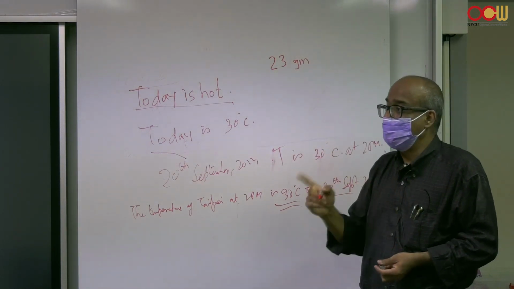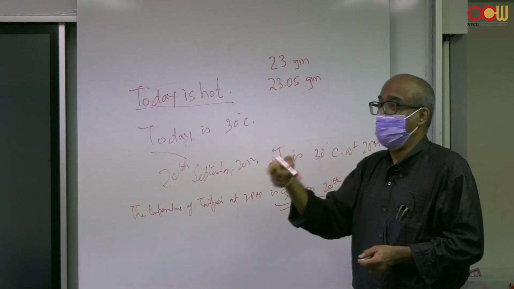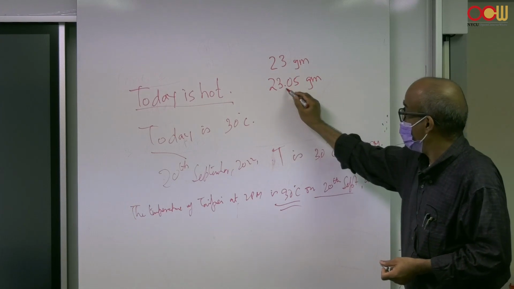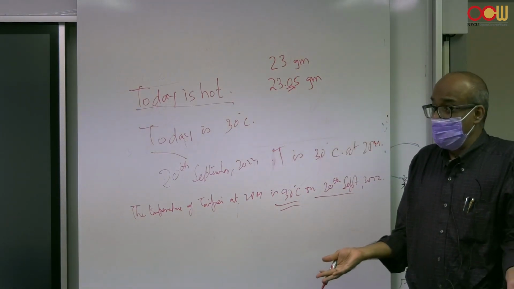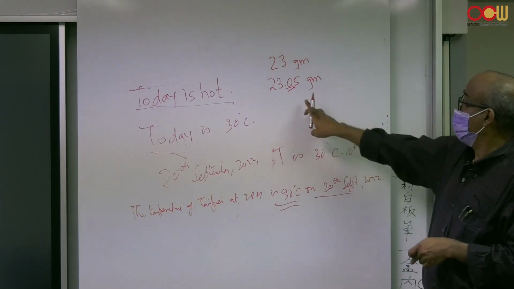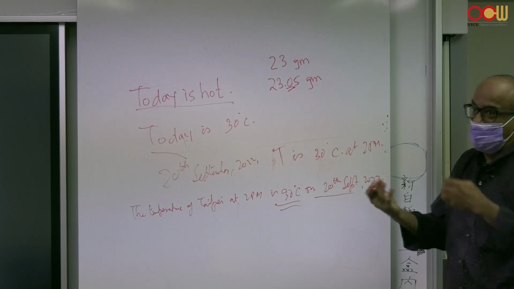If you say, I used a common balance and the weight of the mouse is 23.59 grams, the reviewer will immediately charge you that you cannot have that much accuracy using a common balance. You have to use a better micro balance. Then only you can get this number. Otherwise, you cannot get it. So it depends on the machine that you use.